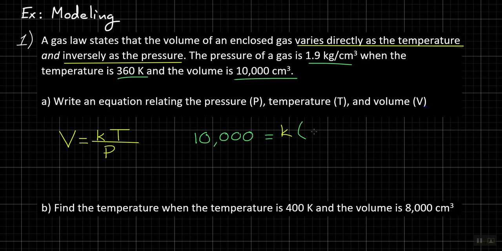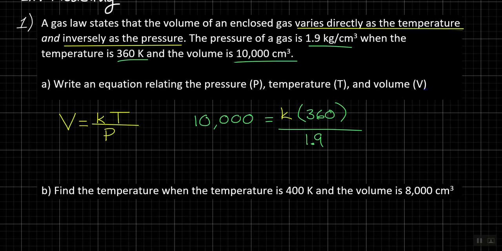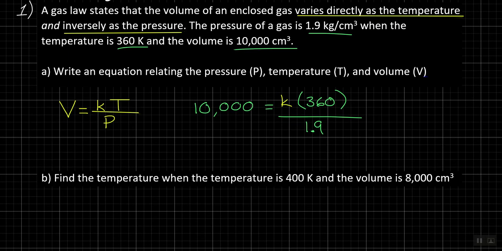What's temperature? 360 divided by 1.9. Can I solve for K? Solve me K and rewrite the model. It looks like you guys are writing it. Solve for K. We'll jump in right here tomorrow.